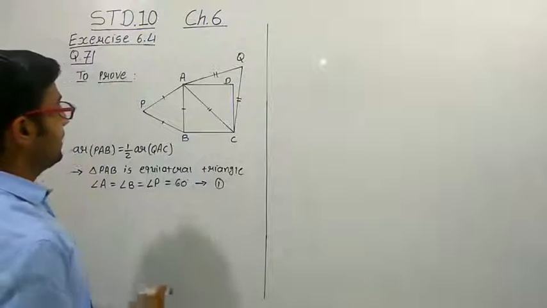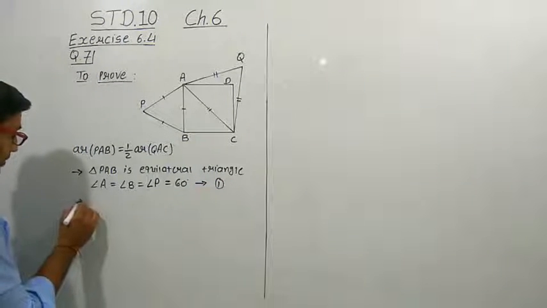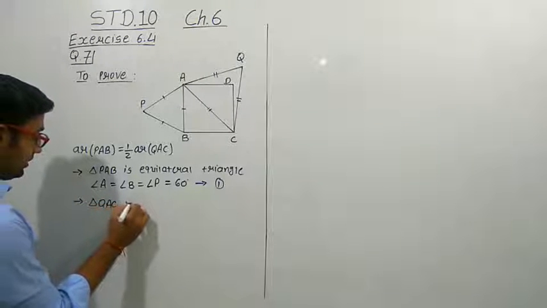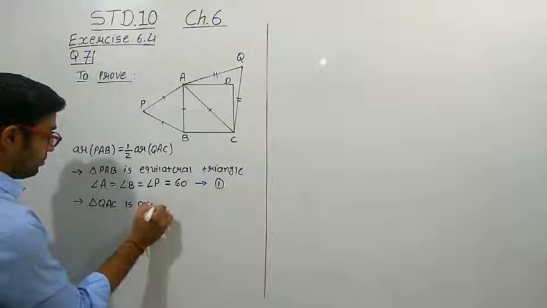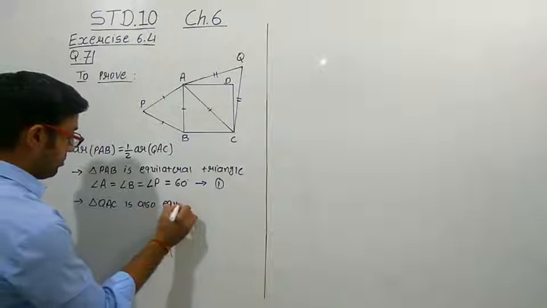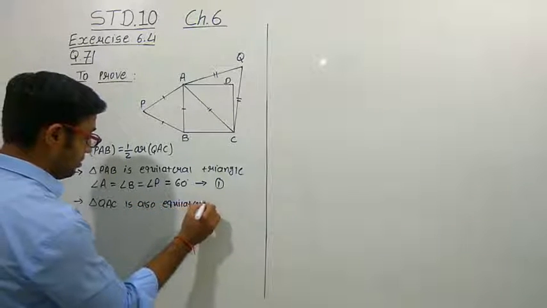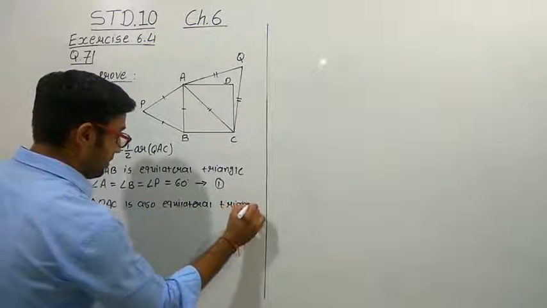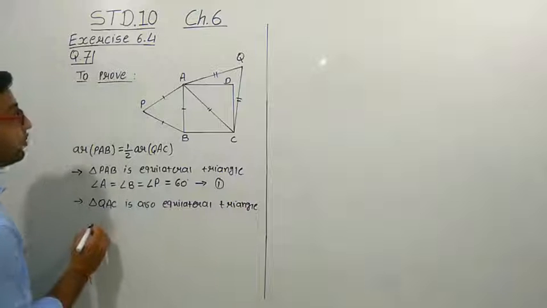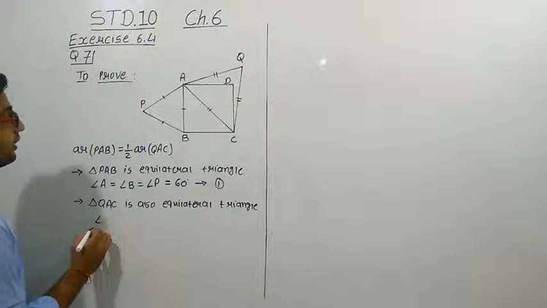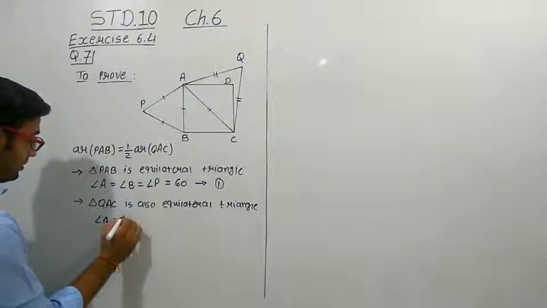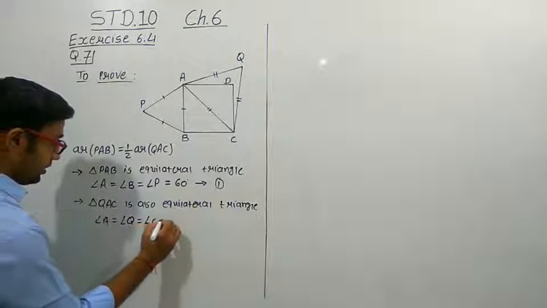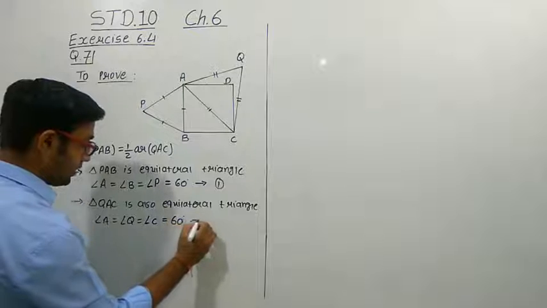In the same way, QAC is also an equilateral triangle. So triangle QAC is also an equilateral triangle, so we can write that angle A is equal to angle Q is equal to angle C is equal to 60 degrees, right?